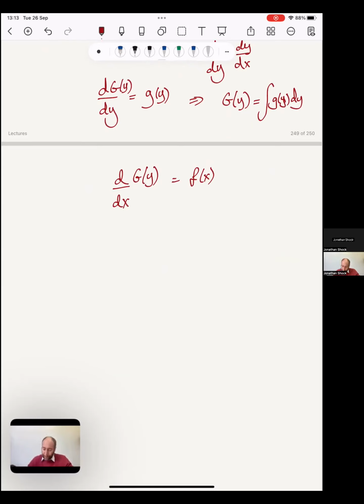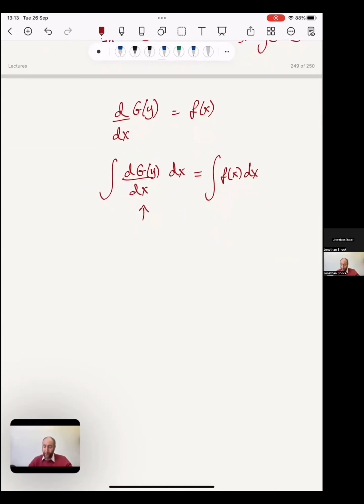So I can do the integral of dG of y by dx with respect to x equals the integral of f of x dx. But what do I have here? I have the integral of a derivative, and we know that the integral undoes the derivative by the fundamental theorem of calculus.